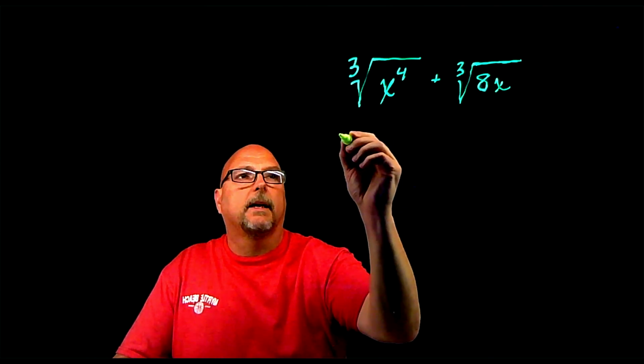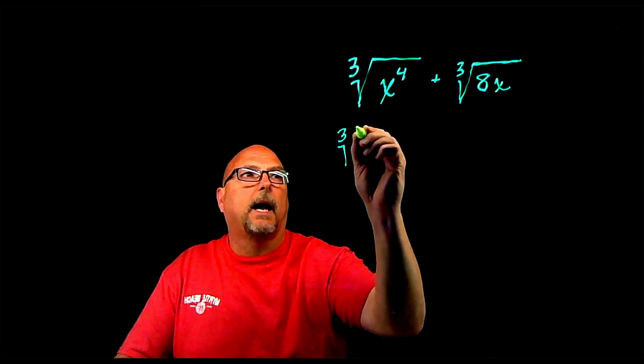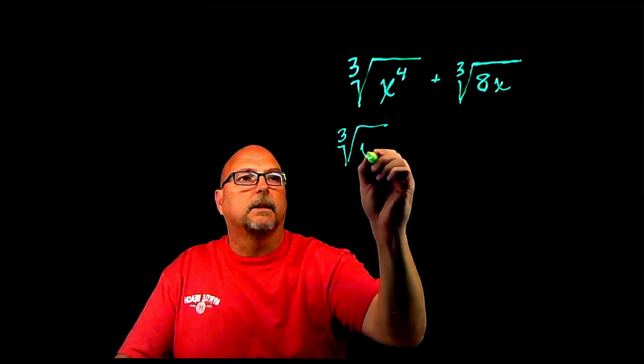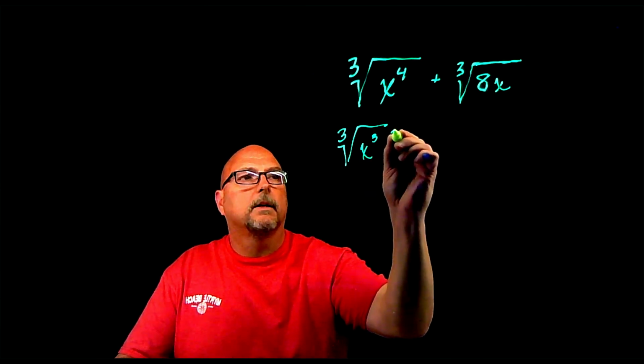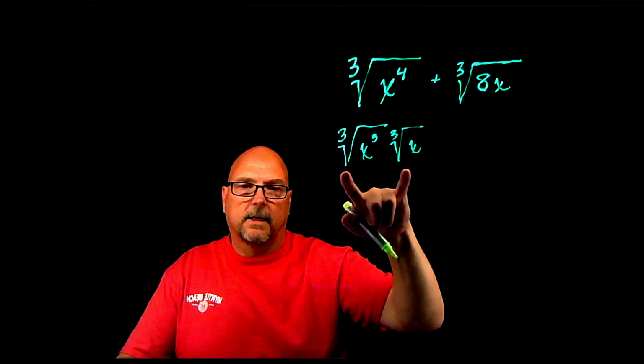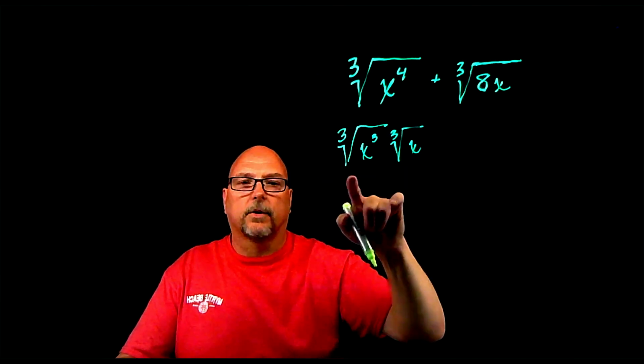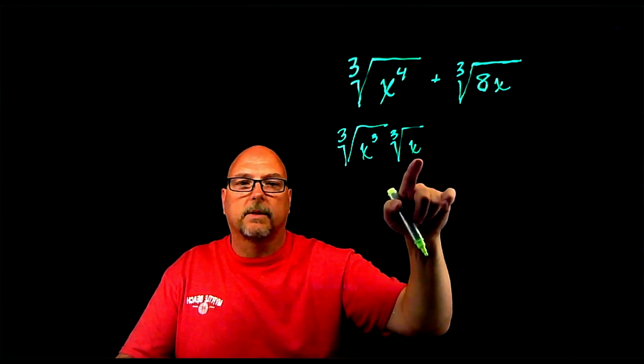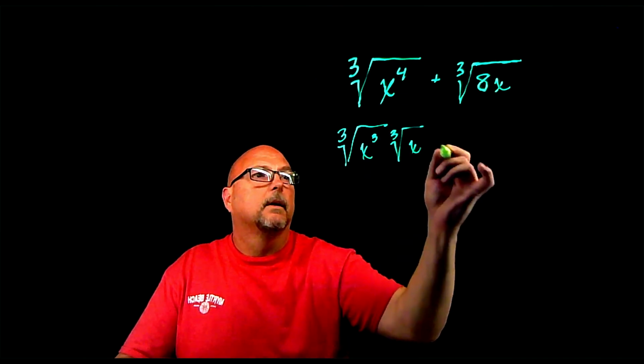So I could say the cube root of x to the fourth is the cube root of x cubed times the cube root of x. Because I didn't change the index, it's still 3, and x cubed times x is x to the fourth.